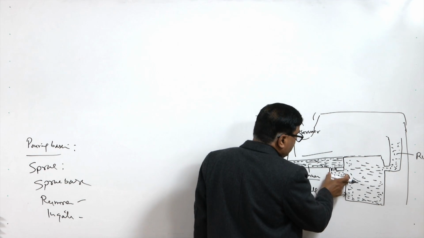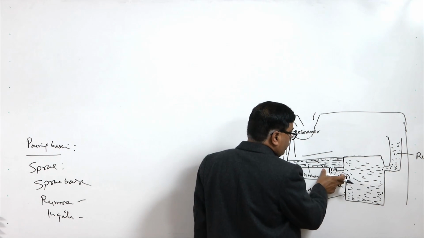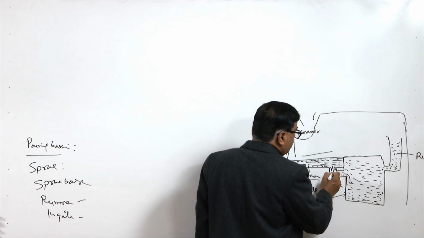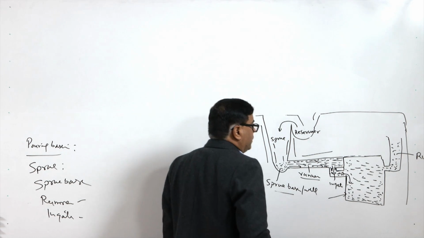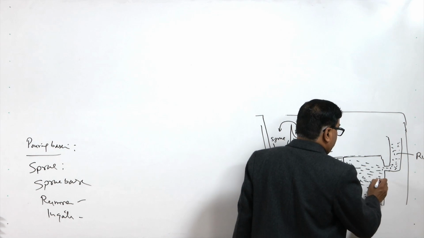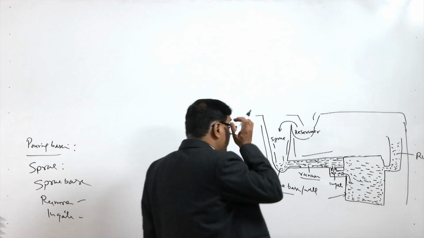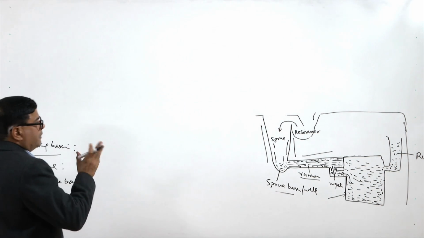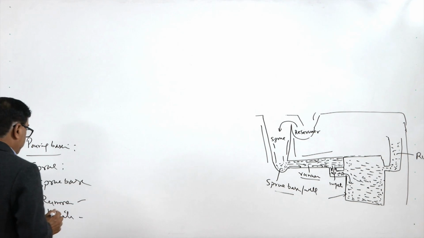So, the ingate is cut into the drag side, so that the cleaner molten metal goes into the mold cavity, and then the mold cavity is filled in the minimum possible time through the proper design.